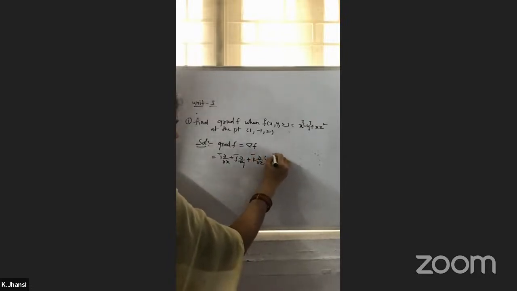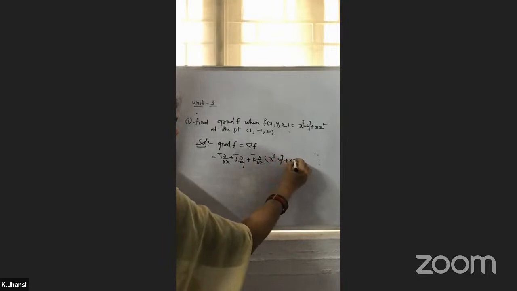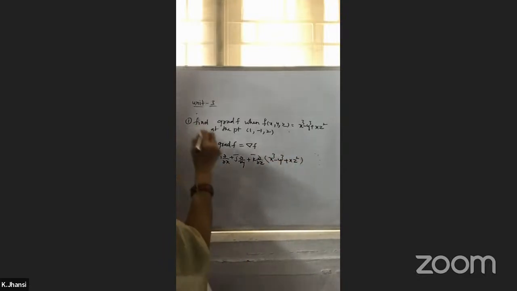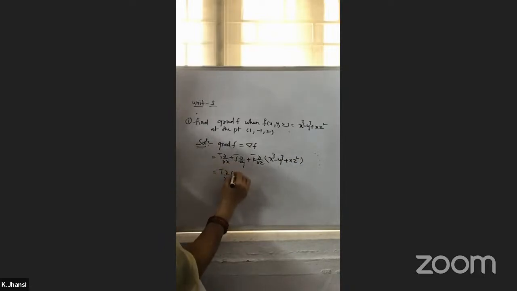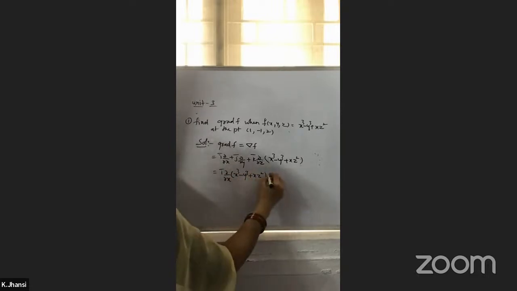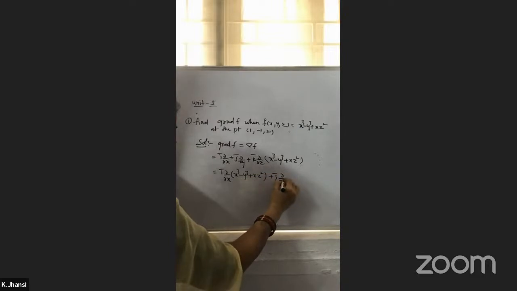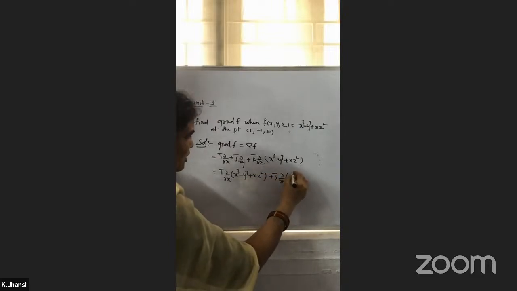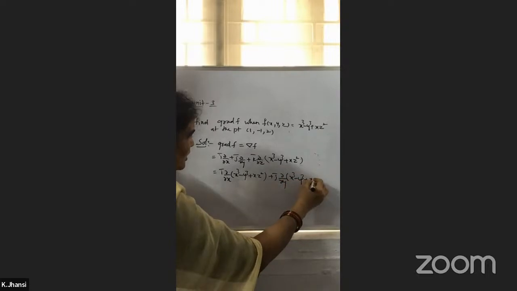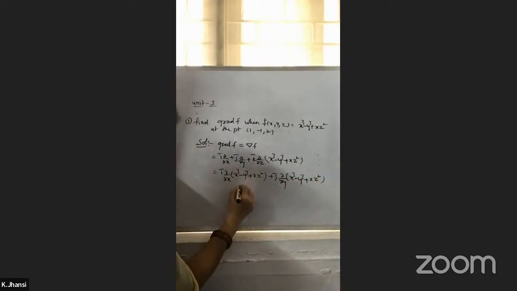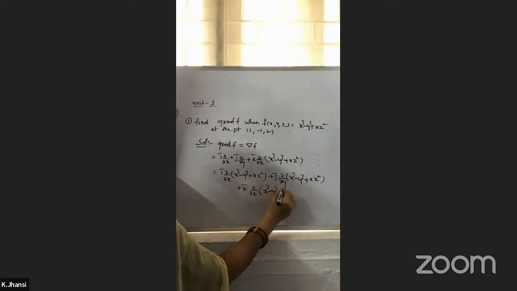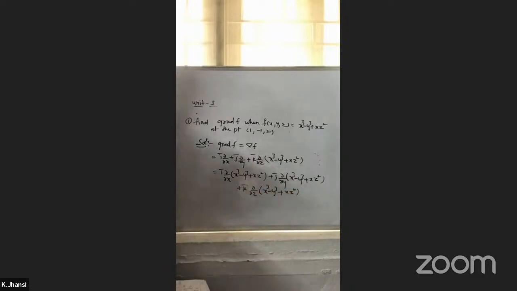Now if you multiply: i dou by dou x of x cube minus y cube plus x z square, plus j dou by dou y of x cube minus y cube plus x z square, plus k dou by dou z of x cube minus y cube plus x z square.